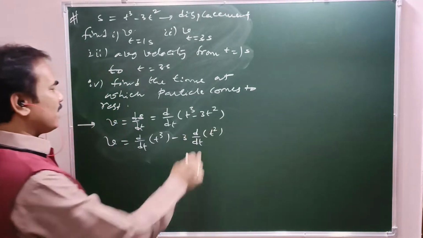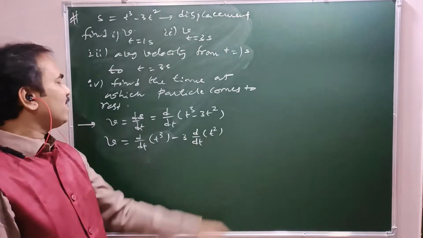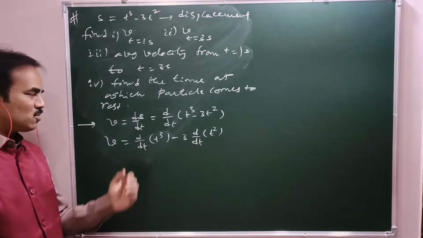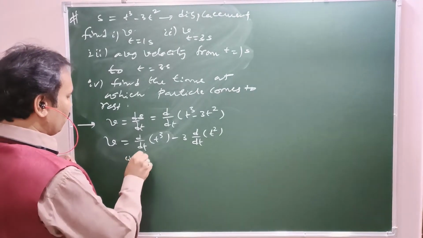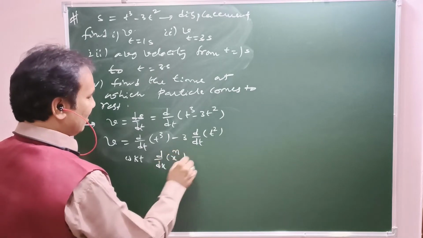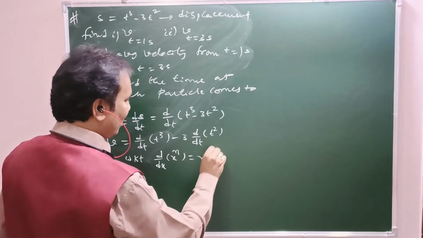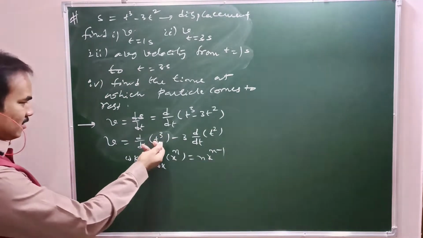Here 3 is a constant, so I kept 3 outside. What is the solution for this one? We know that d by dx of x power n equals n into x power n minus 1. So making use of this result, one can solve this expression.